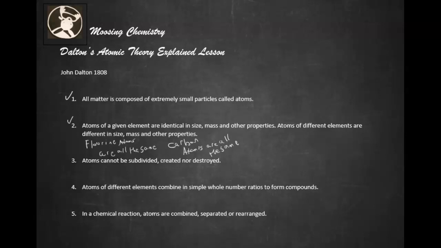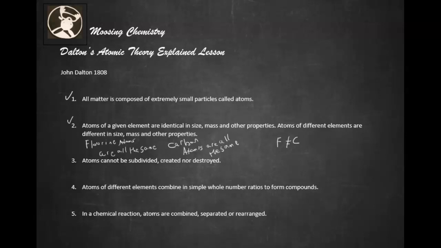Atoms of different elements are different in size, mass, and other properties. So what he's saying is that a fluorine atom is nowhere near like a carbon atom. And that is absolutely true. So John Dalton got that right. Although Dalton couldn't see atoms at the time, he knew that fluorine atoms were structurally different than carbon atoms.